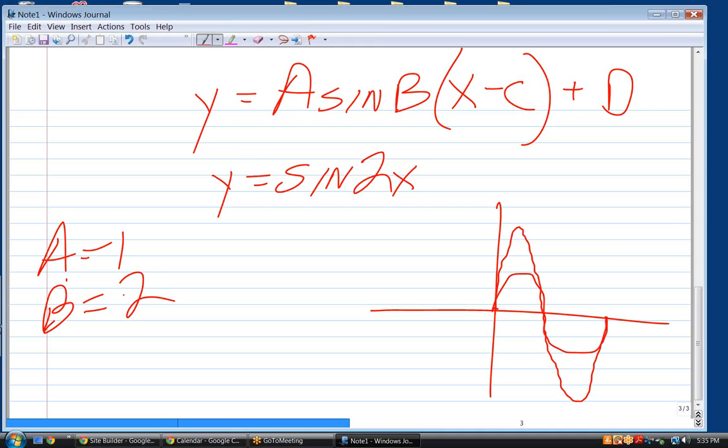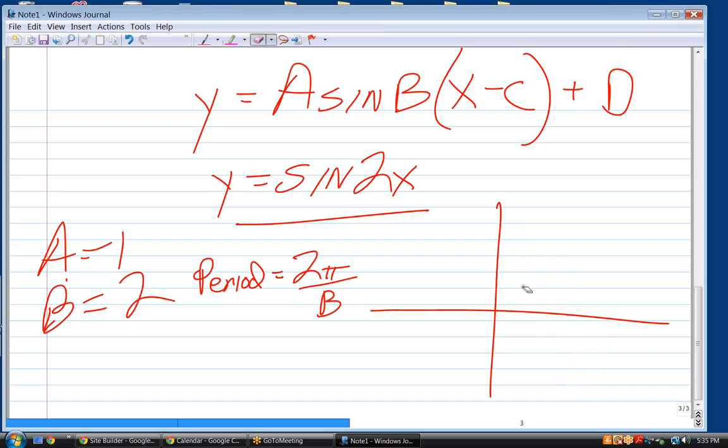In order to figure out how to graph that, I have to know that the period of my function is always equal to 2 pi over the letter b. So in this case, b is 2, so my period is only going to be pi. So instead of a sine curve going from 0 to 2 pi, it's going to get its entire cycle in by pi. So this would be y equals sine of 2x.